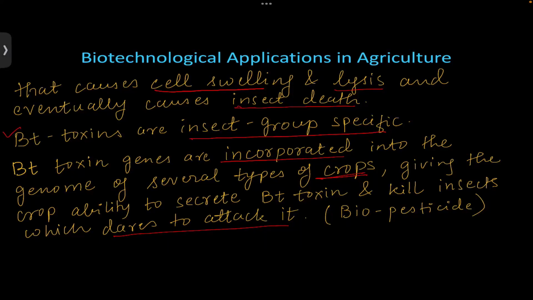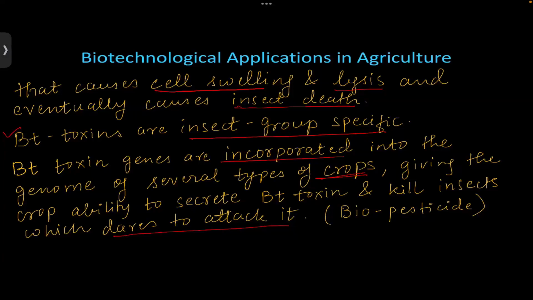So they identified a particular type of Bt toxin which is effective against the bollworm that is infecting the cotton. So what they did, they took the gene for this particular type of Bt toxin, and by using genetic engineering techniques, they introduced this gene into the genome of the cotton plant.